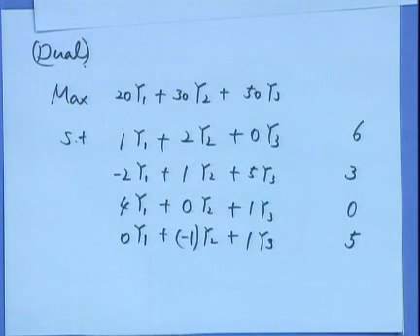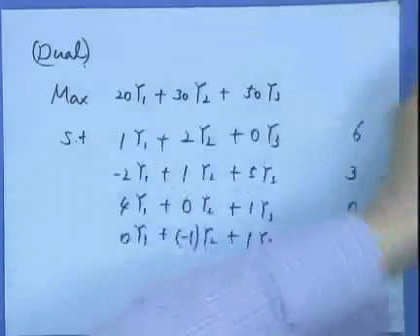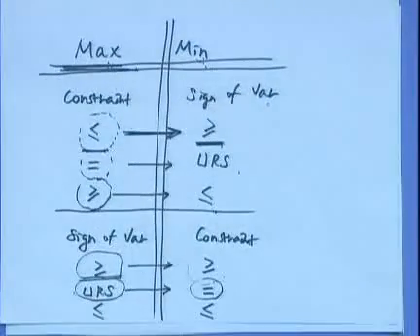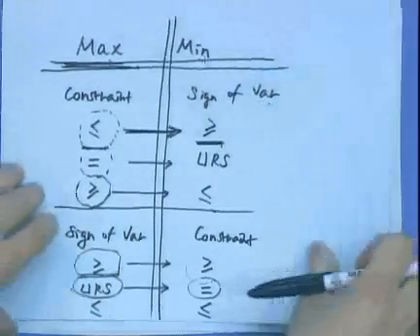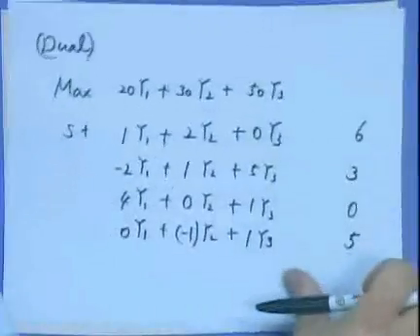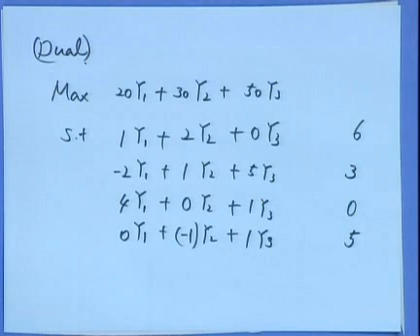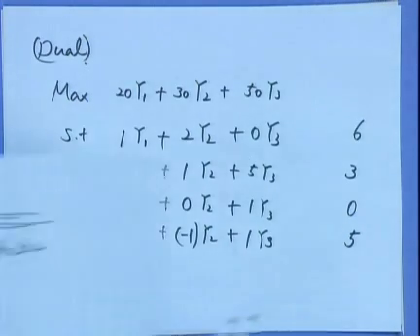Now we can use the table to determine the form of the dual constraints and the sign restrictions for each dual variable, right? So again, use this table. First, in the primal problem, which is the minimization problem, the first constraint is a less than or equal sign, right?